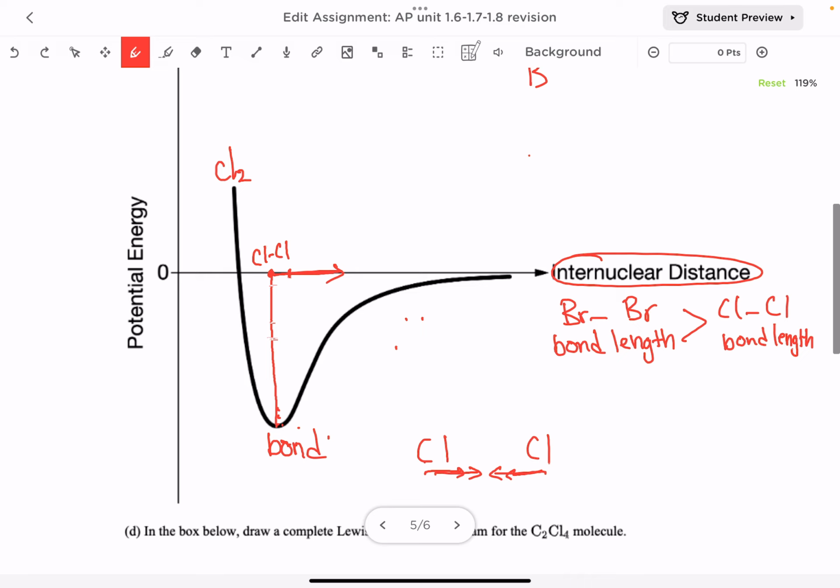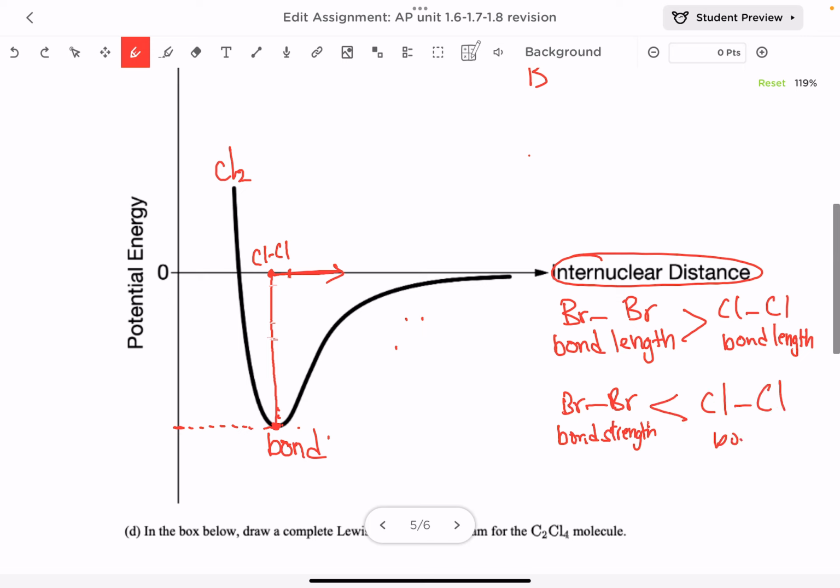The minimum value of the curve has to be higher. So the peak of Br must not be this much, because the Br bond strength is less than the Cl bond strength.